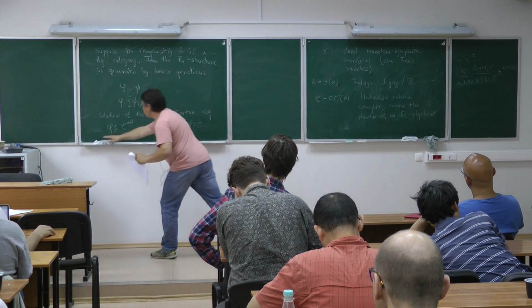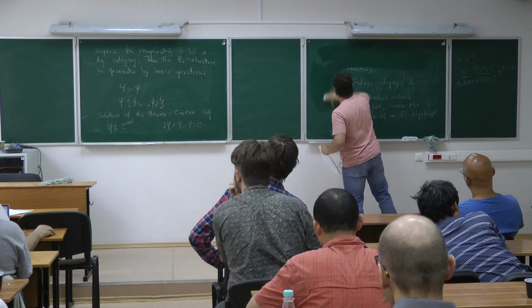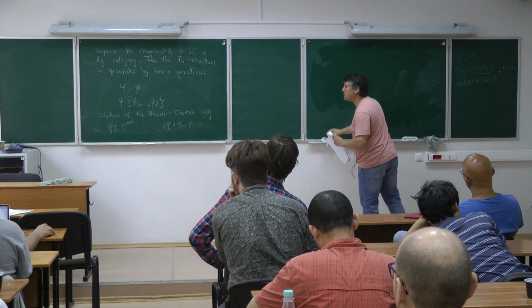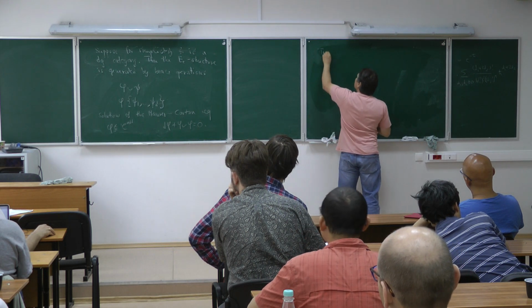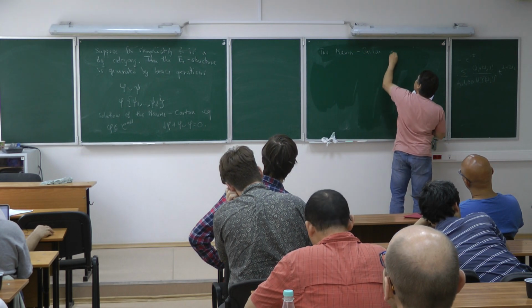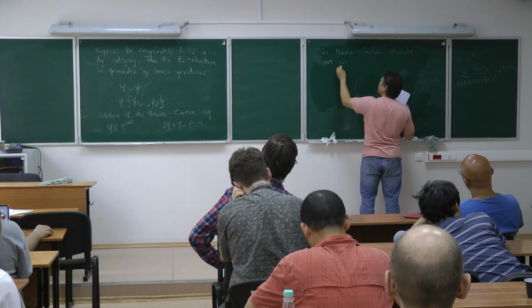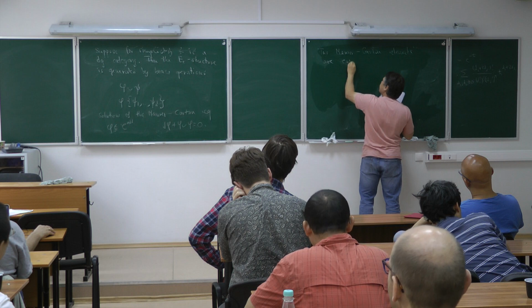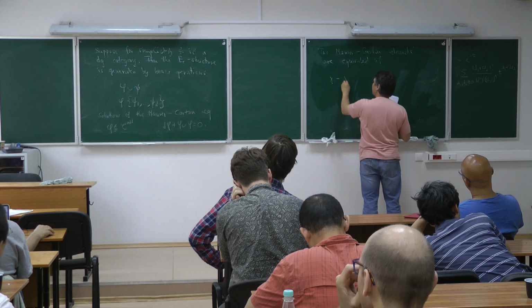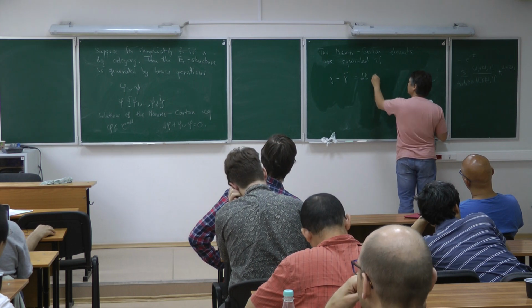And two Maurer-Cartan elements are isomorphic or equivalent if, say I have two Maurer-Cartan elements gamma and gamma tilde, they can be written like this.